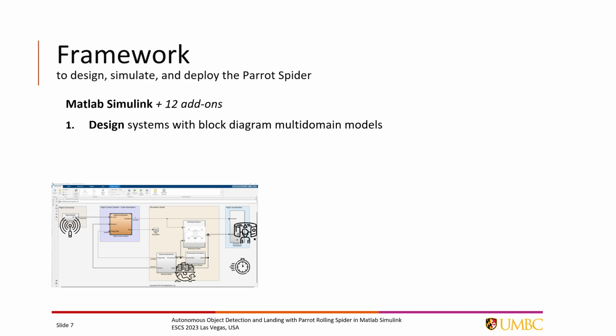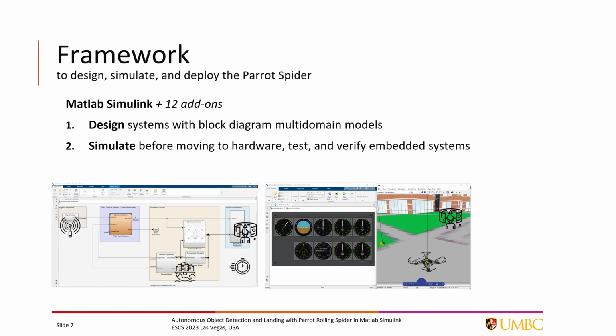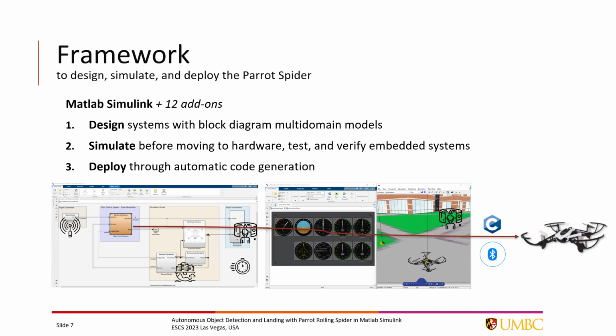Secondly, we can simulate the designed idea through an integrated 3D visualization engine, and once we verify the functionalities, we deploy the flight control system in Matlab's coding blocks compiled into C via Bluetooth onto the drone.